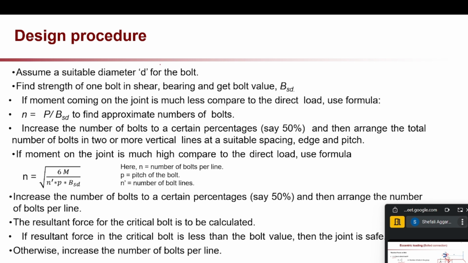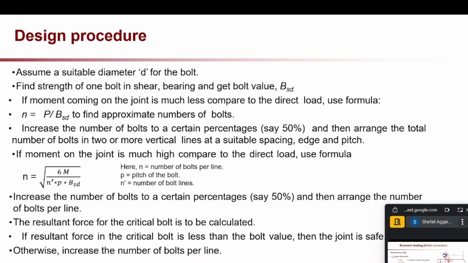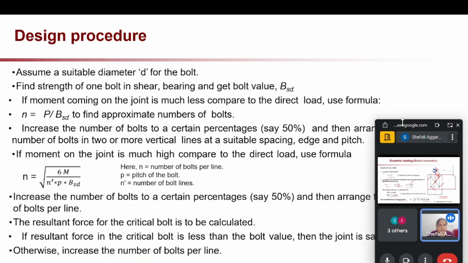Next is the design procedure of eccentric loading in bolted joints. Here, first we will assume some diameter of our bolt, and then we will find the strength of one bolt, with the same formula we use in bolt design. We will calculate the strength value and get the bolt value BSD.